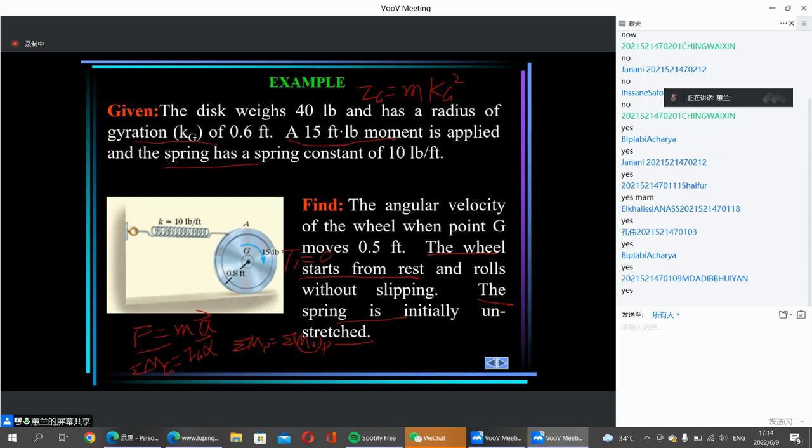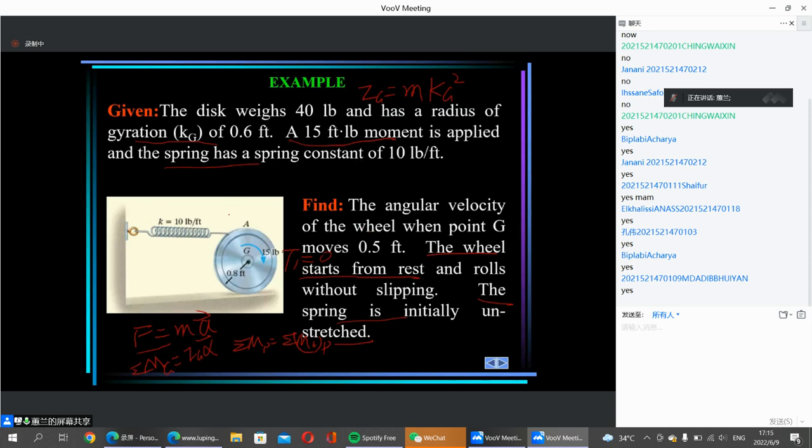And then we apply the equations of motion to find out the forces. We have done that before for particles, right? For particles, we used the principle of work and energy and equations of motion to find the unknowns.